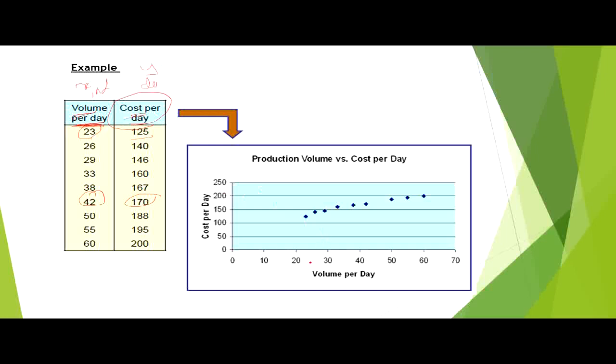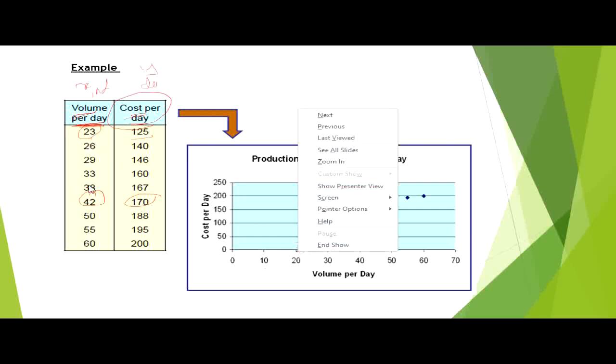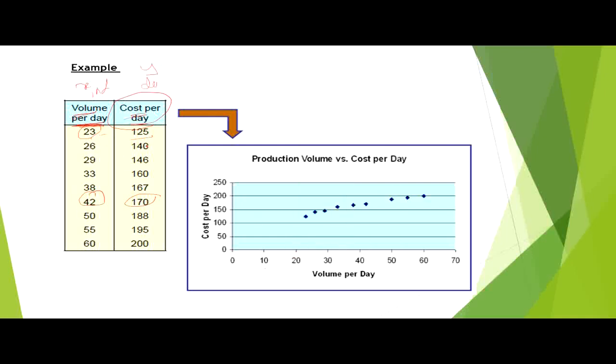Now volume has been given on the x-axis. If the volume is 20, there is no 20 here. 23 is the minimum value, I think, between 20 and 30. So at 23, the cost is 125.